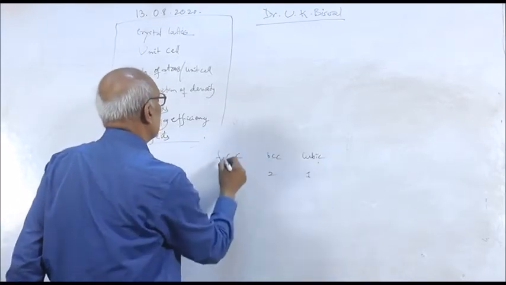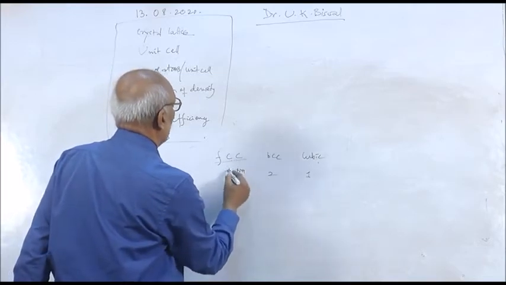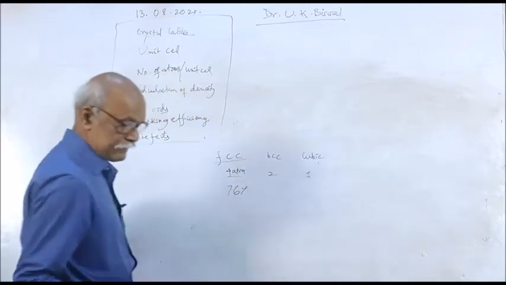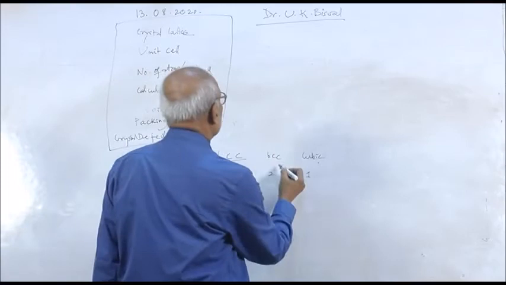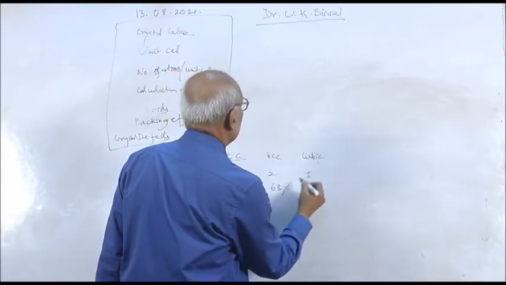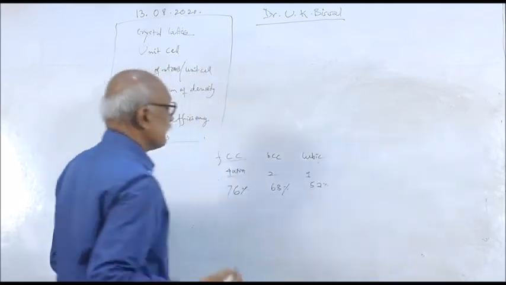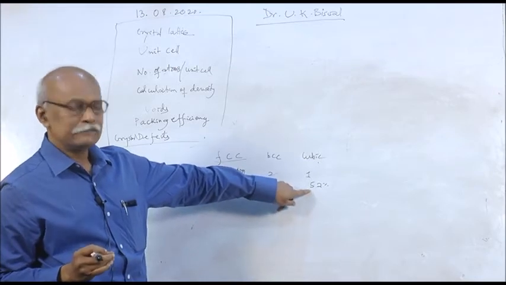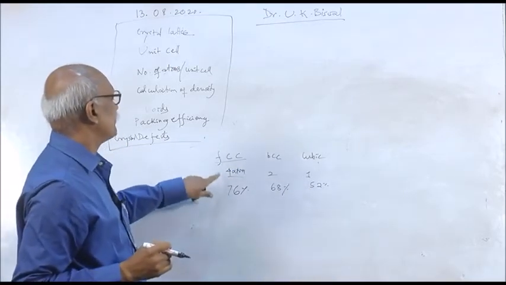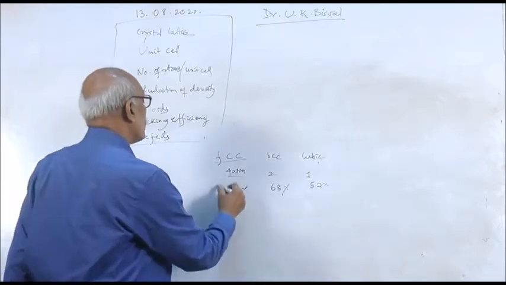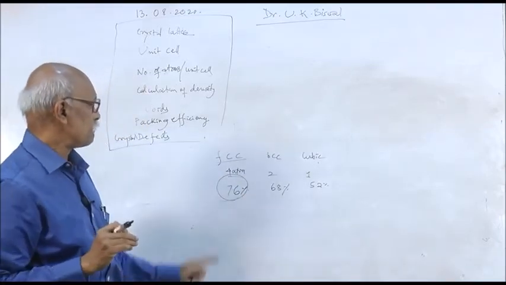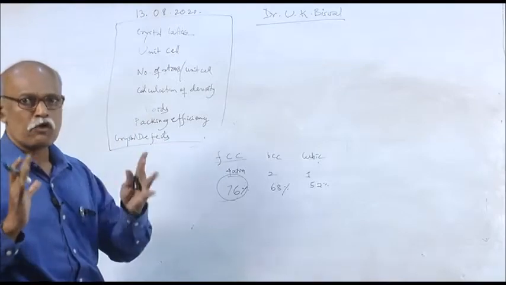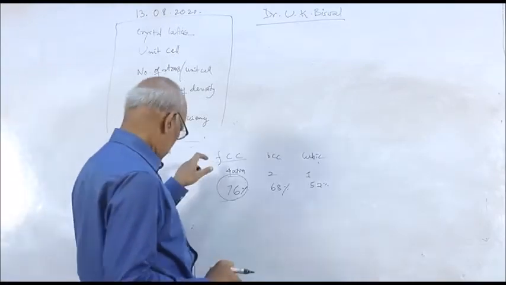Clearly the packing efficiency of FCC will be very high. In order, FCC is 74%, BCC will be 68% and simple cubic will be 52%. That means vacant spaces in simple cubic will be much more. FCC is very closely packed, with many atoms per cube, so compactness will be more in FCC and less in simple cubic.